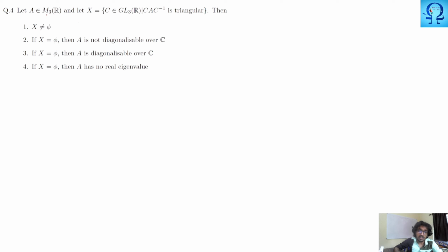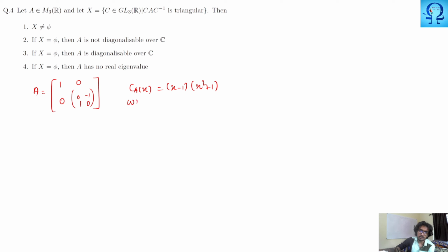So we are free to choose A, and for that A we will have to identify the matrix C. If I choose my A as a block matrix, 0 minus 1 0, 1 0 0, and the rest as 0 with 1 in the corner, then my characteristic polynomial would be simply (x minus 1) times (x squared plus 1). Clearly this is not diagonalizable over R, hence it is not triangular, right?